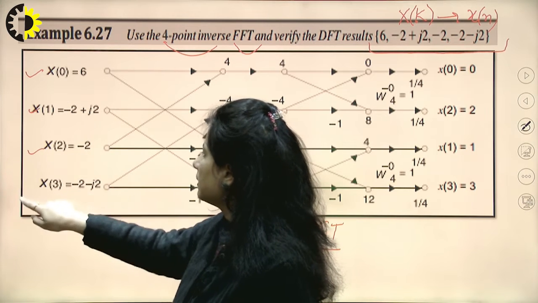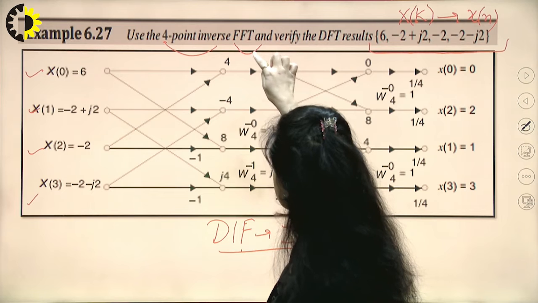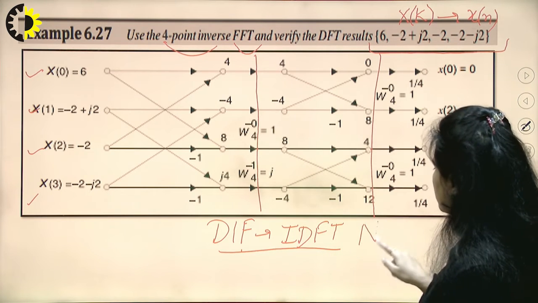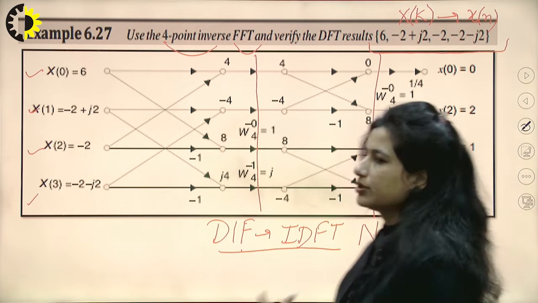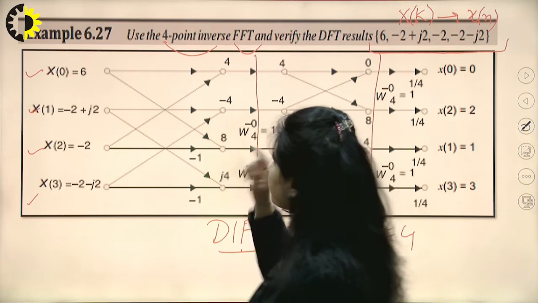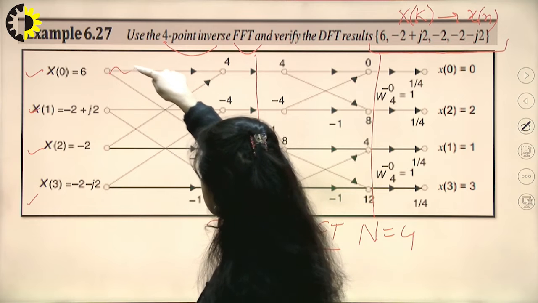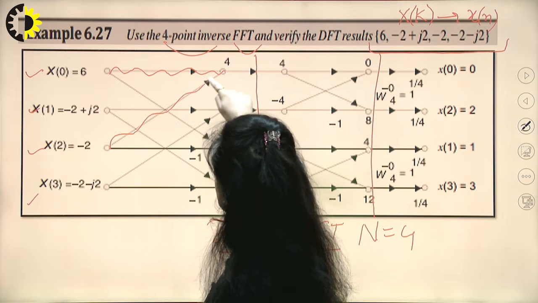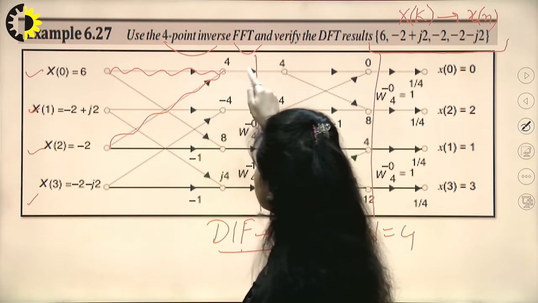This is my first stage. This is my second stage because N is equal to 4. So I have only 2 stages of decimation. In the first stage, what I am seeing, this is 6 and this is minus 2. So 6 minus 2 is 4. There is no weight.